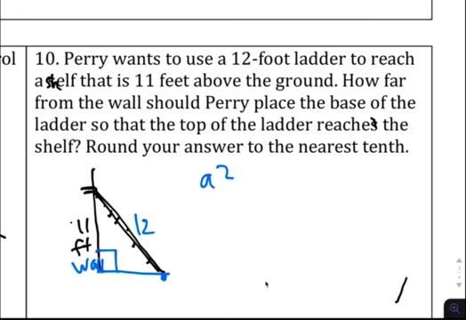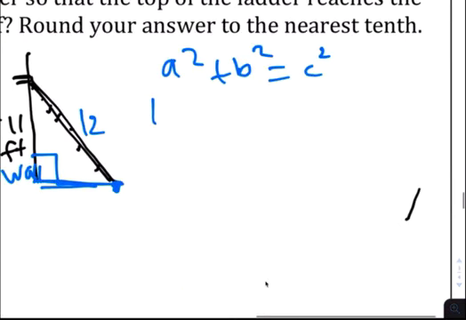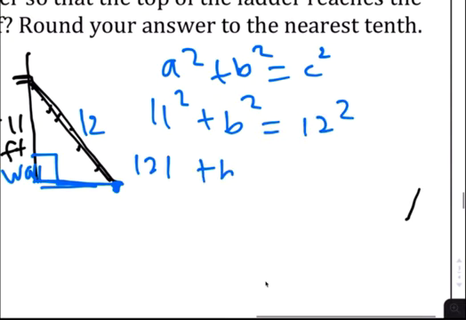Here's the 90-degree angle to find how far the wall is. You finish that. If you don't know, it's 11 squared plus b squared equals 12 squared. 121 plus b squared equals 144.